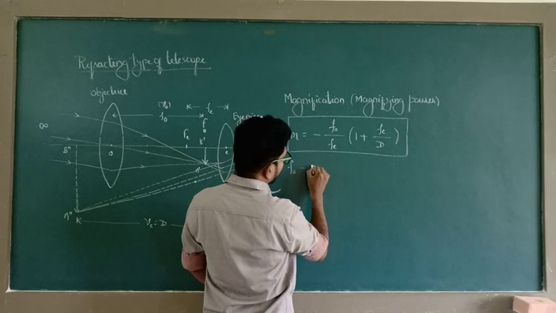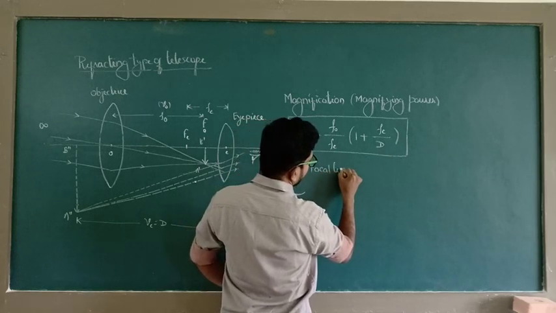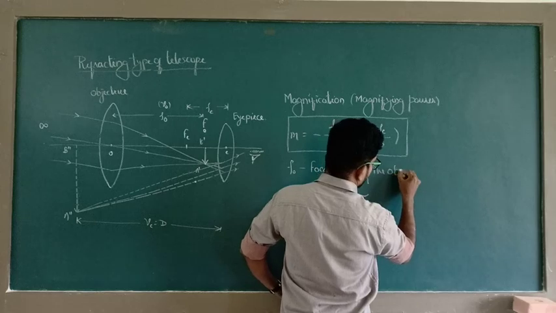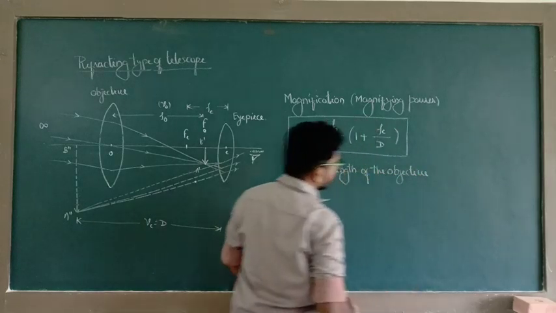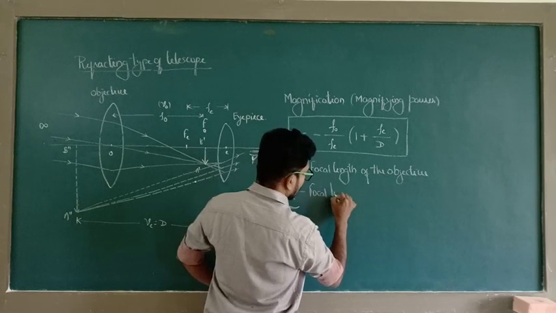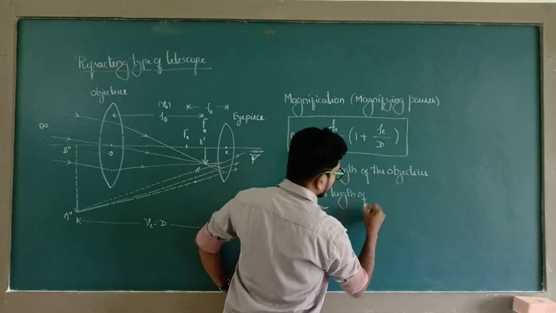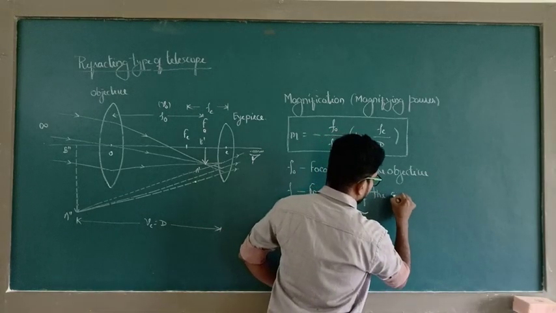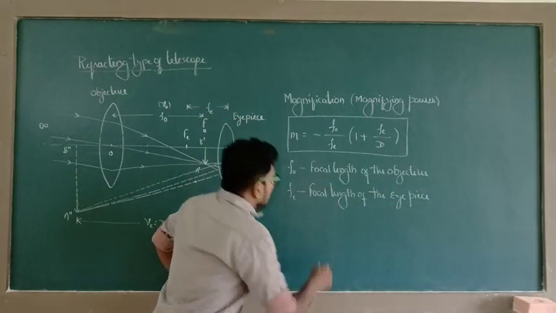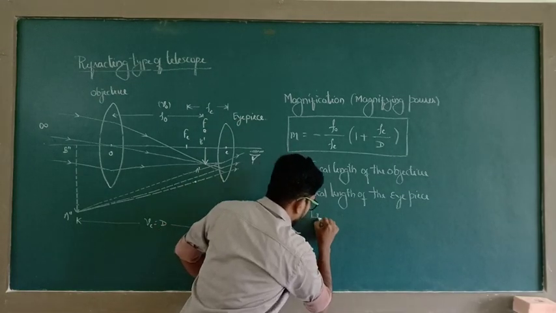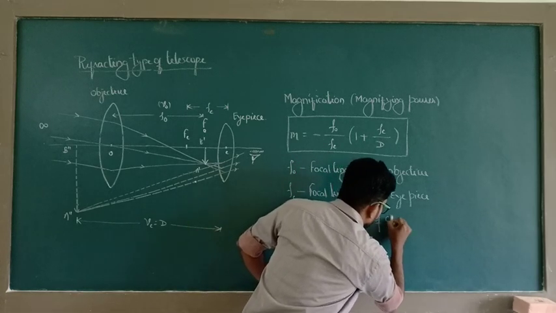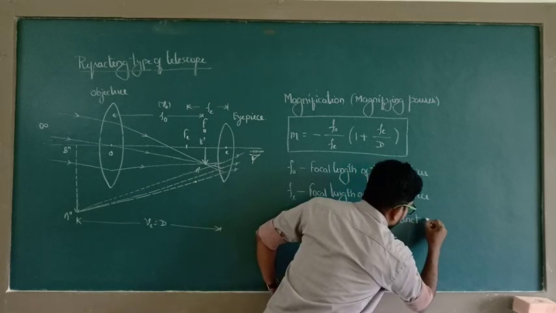So here f subscript O, focal length of the objective; f subscript E, focal length of the eyepiece; D, least distance of distinct vision.